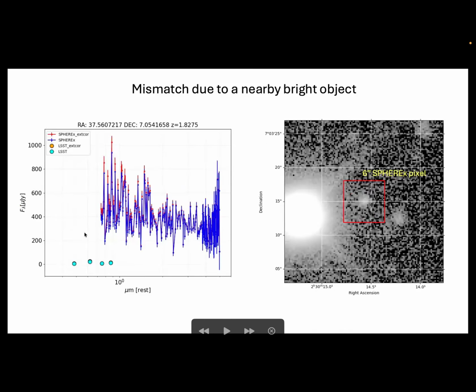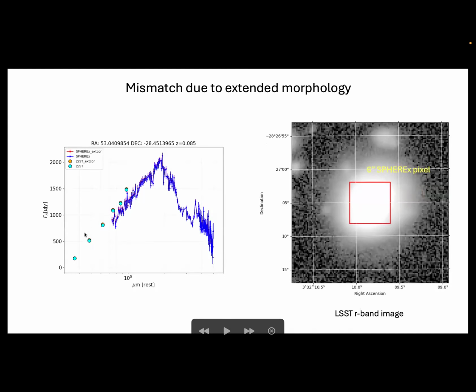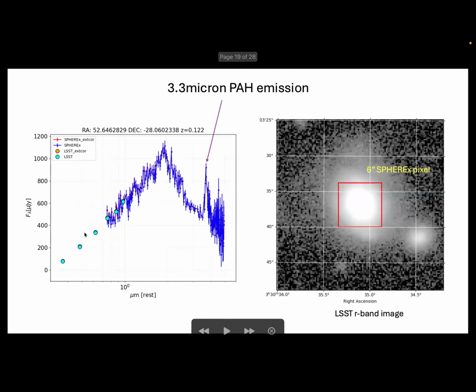And this is the opposite case, where the host galaxy itself is very extended. The SPHEREx data underestimate the overall flux, while the LSST, based on Kron magnitude with adaptive aperture, gets the total flux from those galaxies. Again, you see the continuum mismatch between these two.